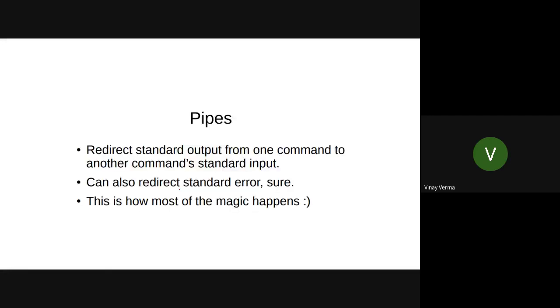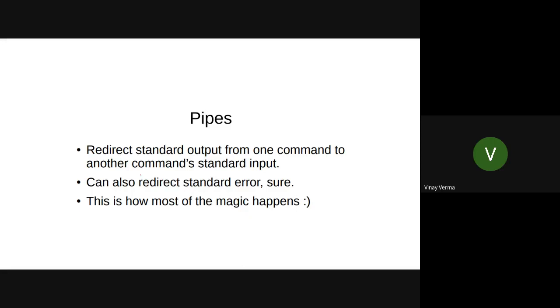So what is a pipe? Literally a pipe, as we use in our systems. If we want water to go from one place to another, we use pipes to transfer the water. For gas pipelines and other stuff, we use pipes.